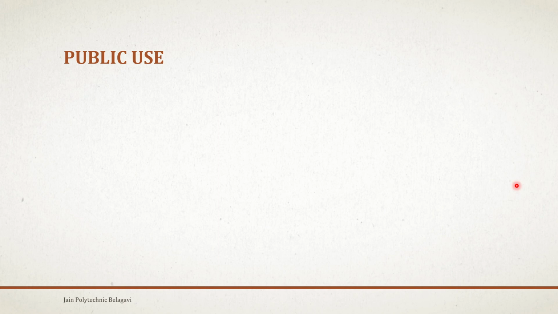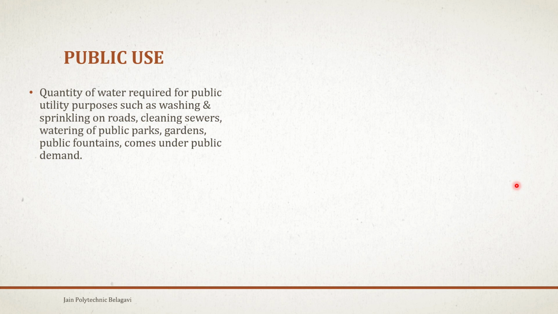Next, there is public use. How is this water being used in public? The quantity of water required for public utility purposes such as washing and sprinkling on roads, cleaning sewers, watering of public parks, gardens, and public fountains comes under public demand. The public means wherever you find the public.